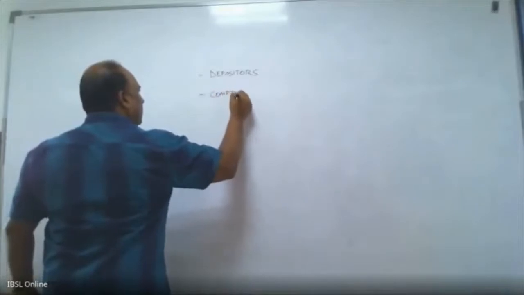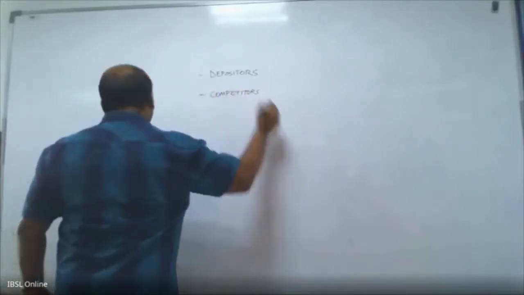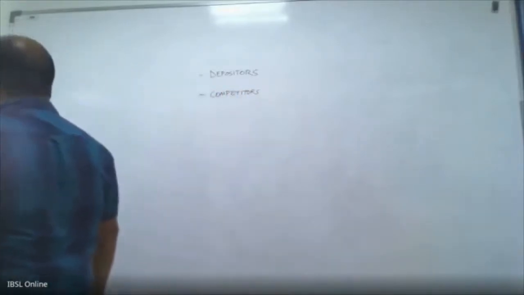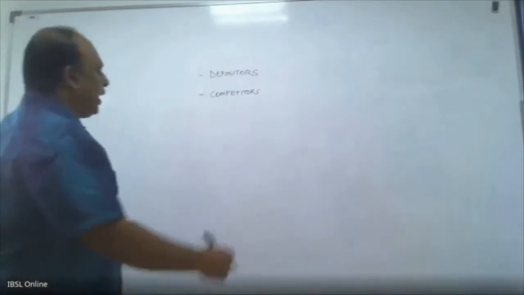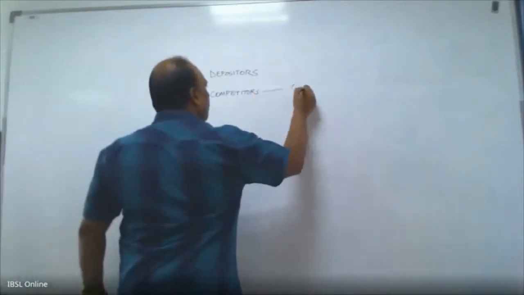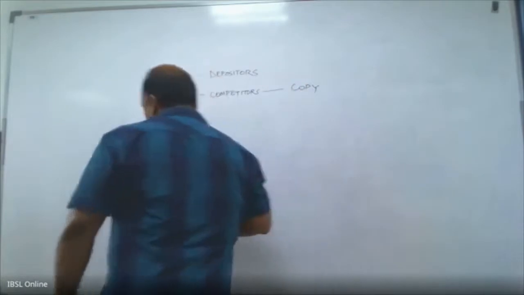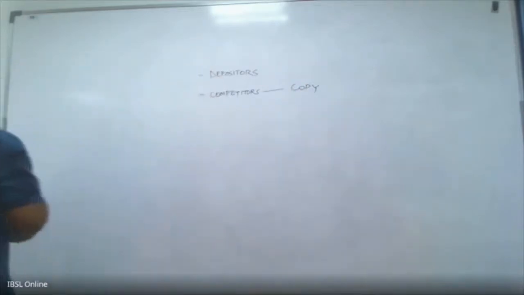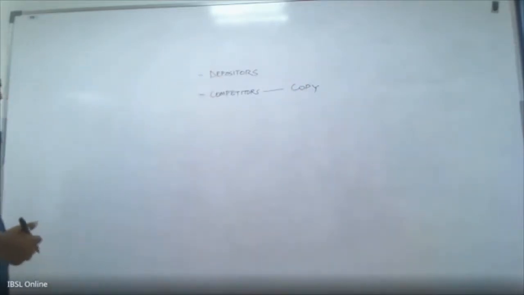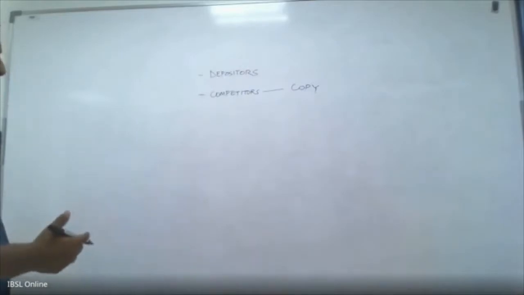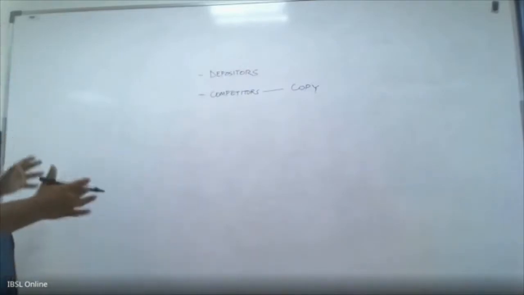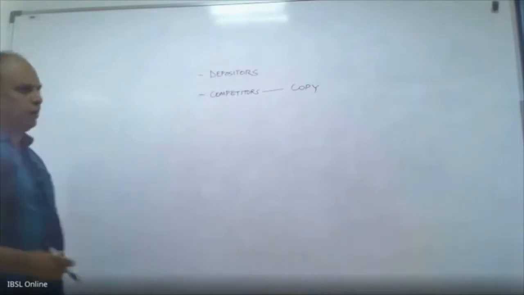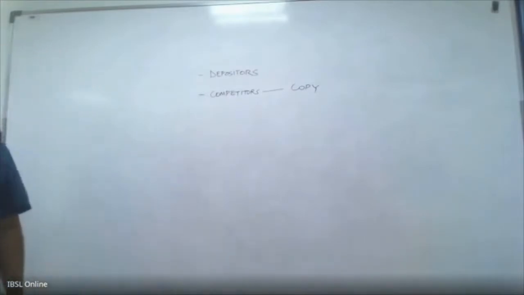Competitors, because they are always looking at what you are doing, because they are the people who can easily copy what you are doing, isn't it? If you are trying to bring in a new product to the market, like a very fascinating youth deposit product, what happens?